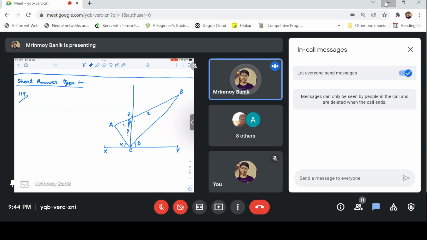The line CZ is perpendicular to XY, right? So we know only one angle in that triangle, ACZ. So ACZ is 90 minus alpha.